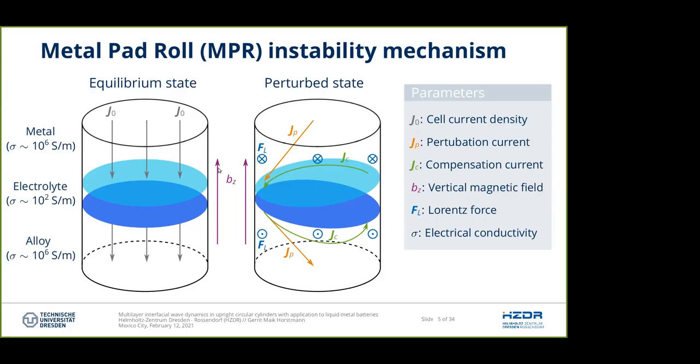Of course, in practice, we have some further effects. We have inhomogeneous magnetic fields and so on, but this is widely regarded as the most critical instability mechanism, the interaction of a vertical magnetic field with horizontal compensation currents.